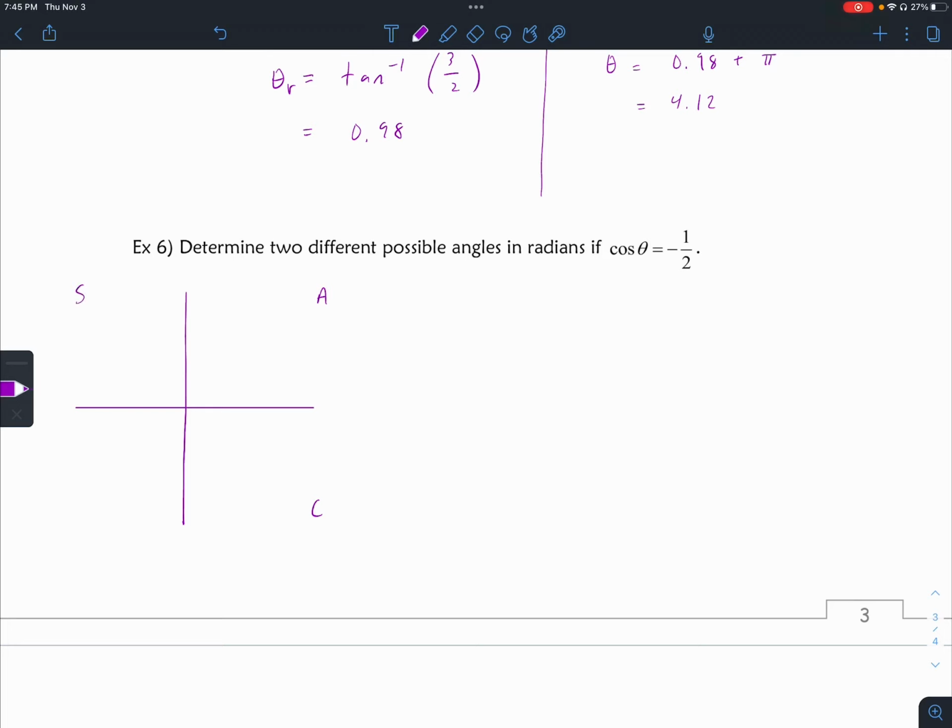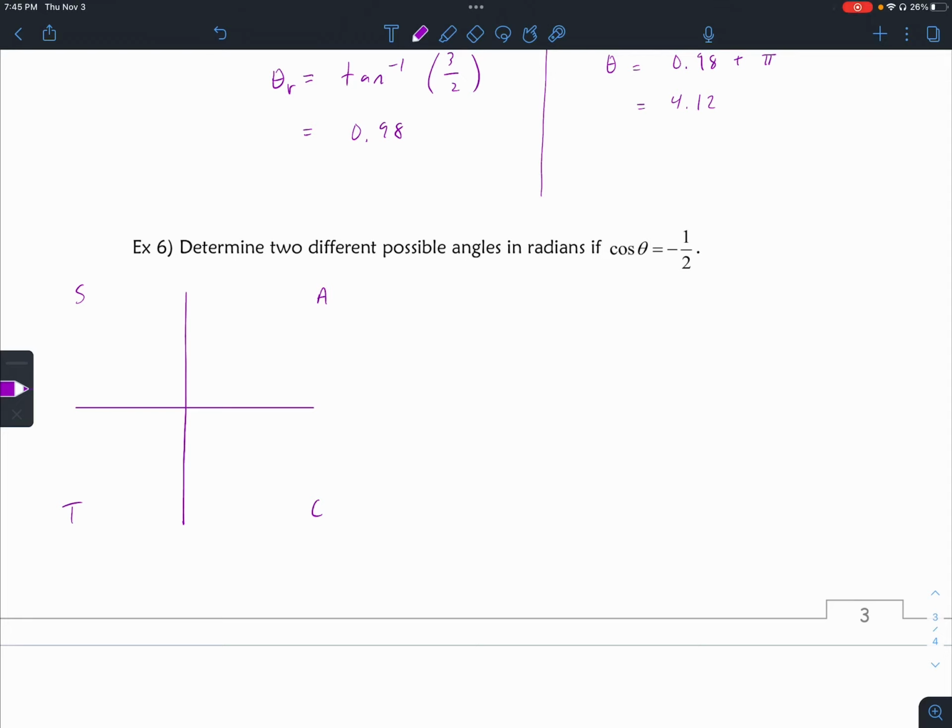In the second quadrant, sine ratios are positive. And in the third quadrant, tangent ratios are positive. So that is the CAST rule. Now, since the cosine ratio here is negative, negative 1 over 2, we know that the terminal arm is going to have to be either in quadrant 2 or in quadrant 3.